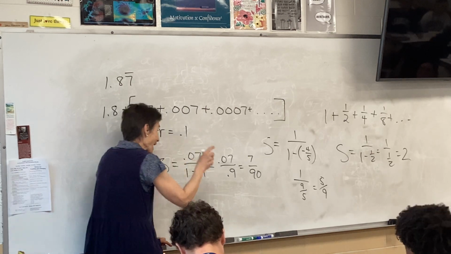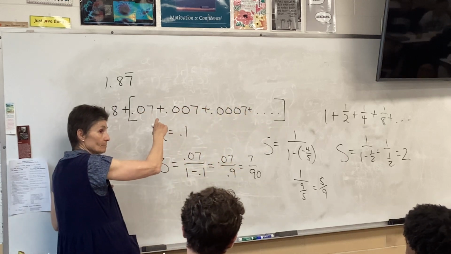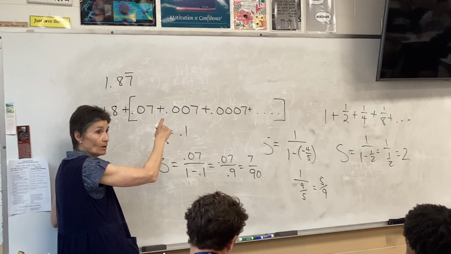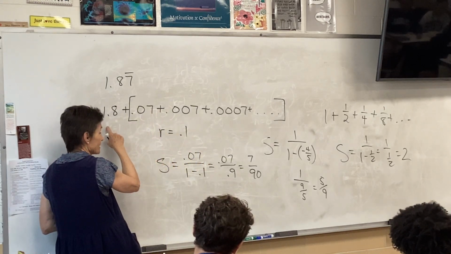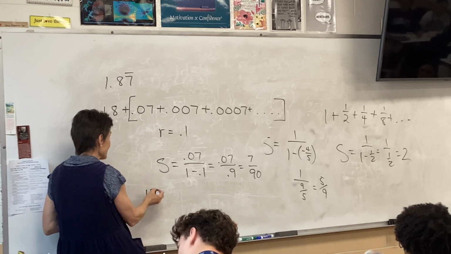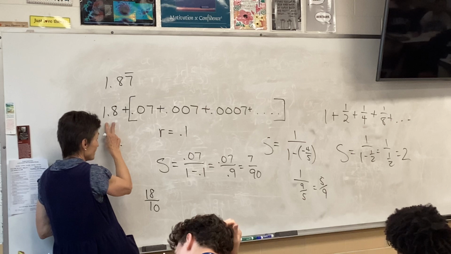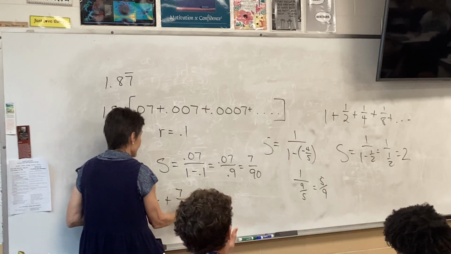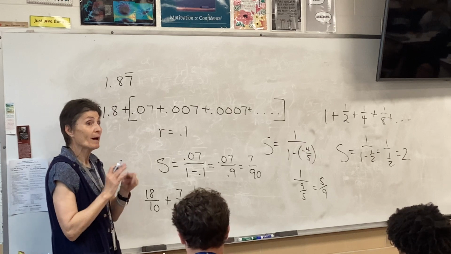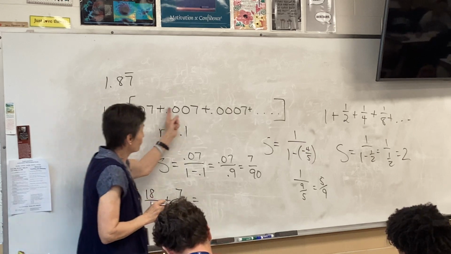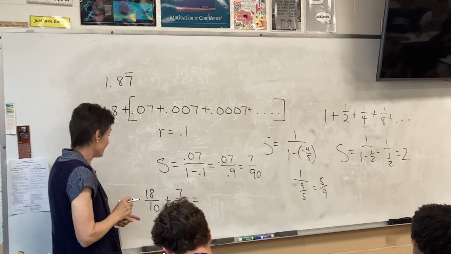Now, that is this bracketed part. I need to add the rest in. So 18/10ths, that's this guy right here, plus 7/90ths. That's how I'm going to get my whole answer. So my formula works on the repeating part, then I have to add in the rest.